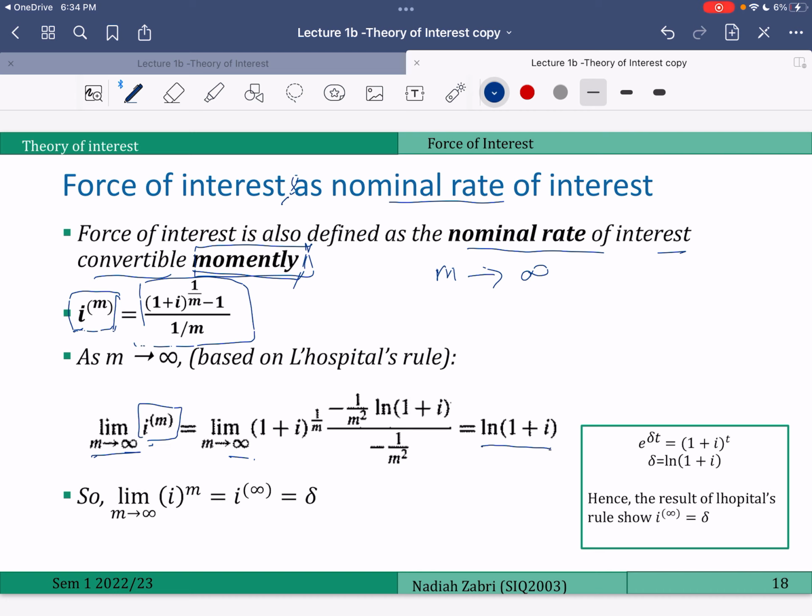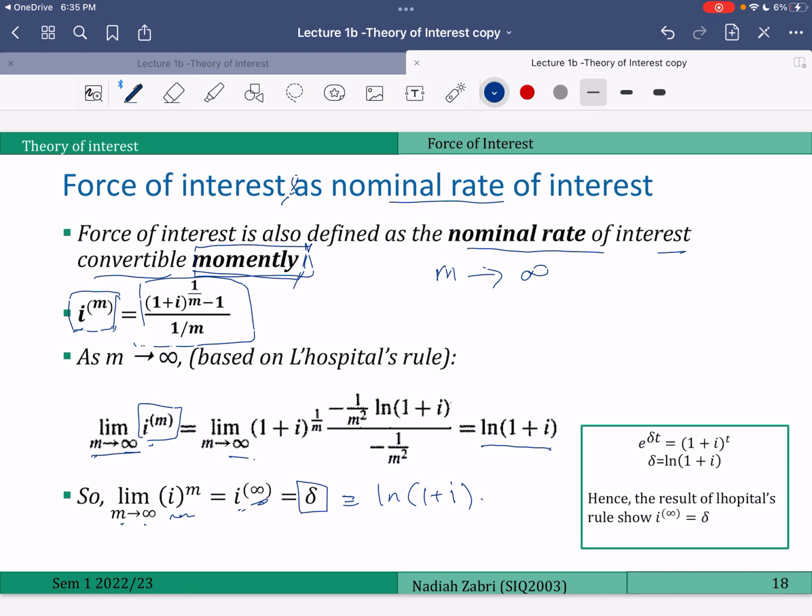So as m approaches infinity, the nominal rate of interest, or i upper infinity, becomes delta, and it becomes ln(1 plus i). So with L'Hopital's rule, we found that i upper infinity equals ln(1 plus i).